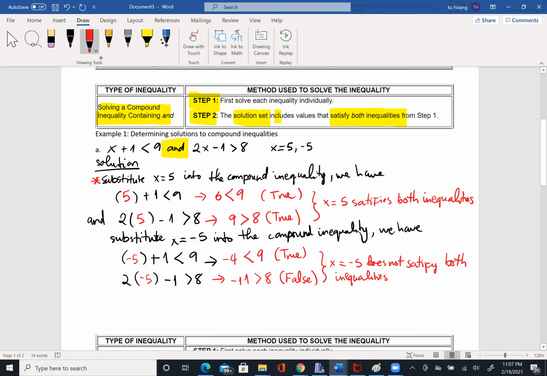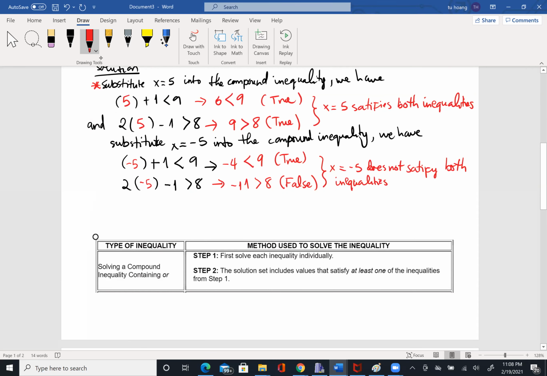So then, final step, I can say x equal to 5 is a solution. Is a solution, I should say, because it could be some other solution.